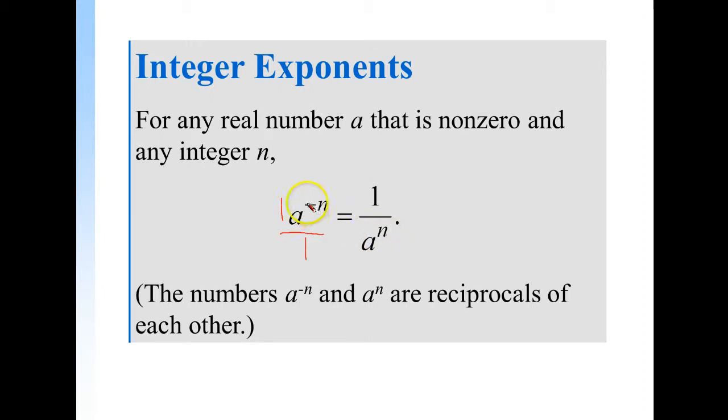So up in the numerator, it's negative, but down in the denominator, because it crossed the division bar, it's now positive. So this and this are equivalent. Taking this and raising it to the numerator would make it a negative exponent. Okay? And by the way, we often think of these as being reciprocals of each other. A little tricky.